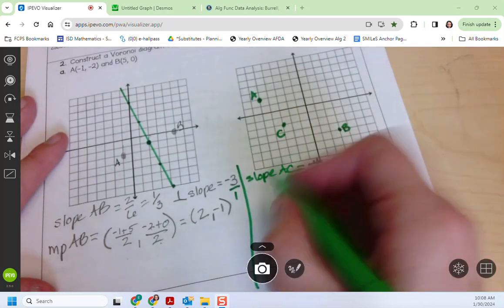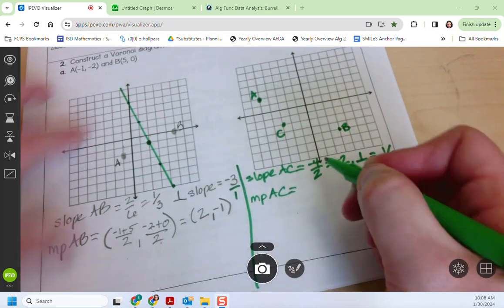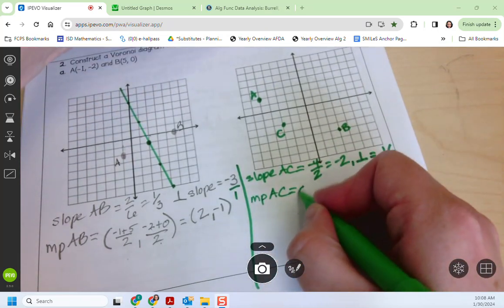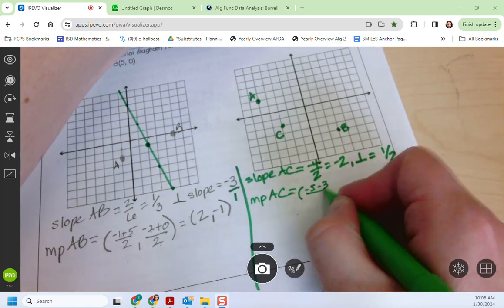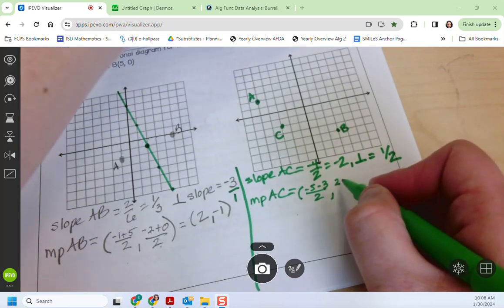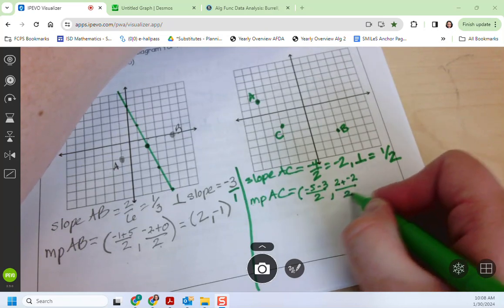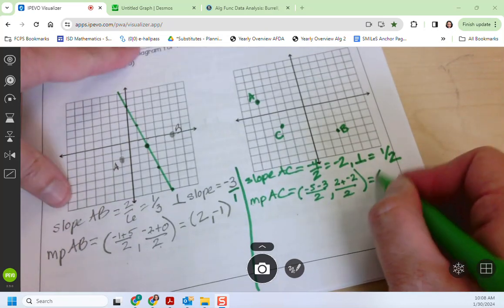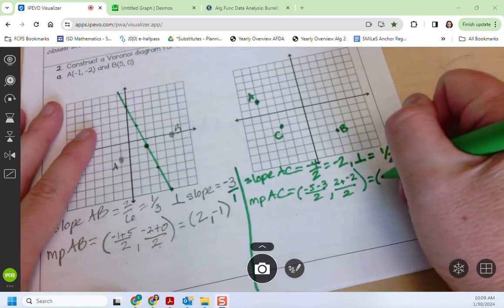And then the midpoint of AC is going to be the average. So negative 5 plus negative 3 over 2, and then 2 plus negative 2 over 2. Negative 4, 0.